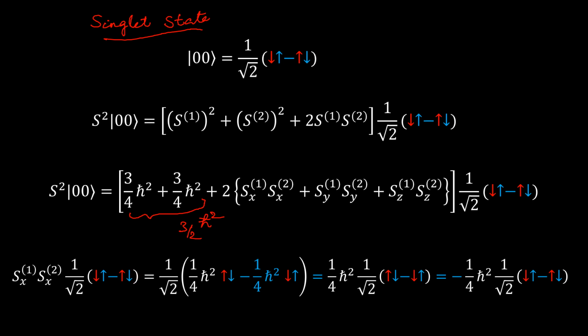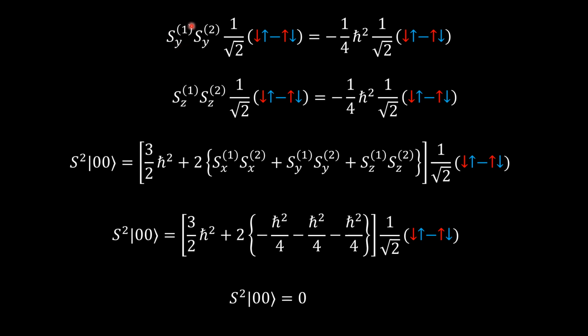But actually what is here is the operator acting on down up minus up down. This is just the inverse. So you take the negative sign outside, then this will become plus and this will become minus. So I will get spin down, spin up, minus spin up, spin down, exactly the same as this one. So I have introduced this minus here, minus 1 over 4 ħ squared, times 1 over square root 2.